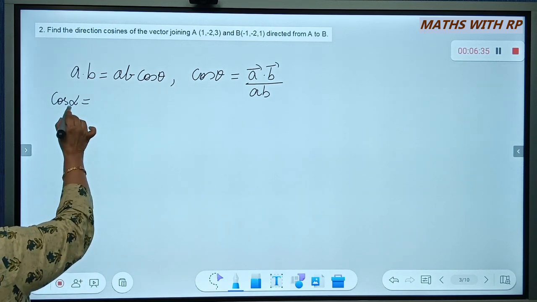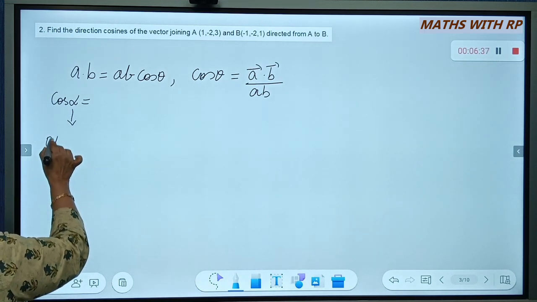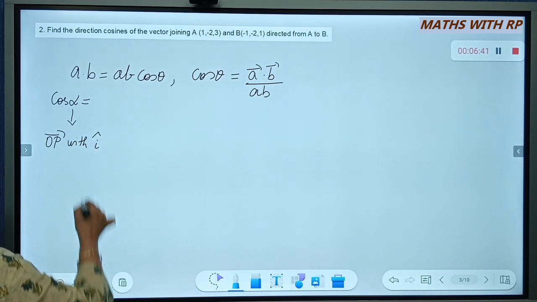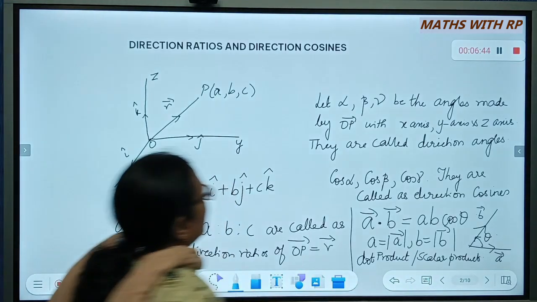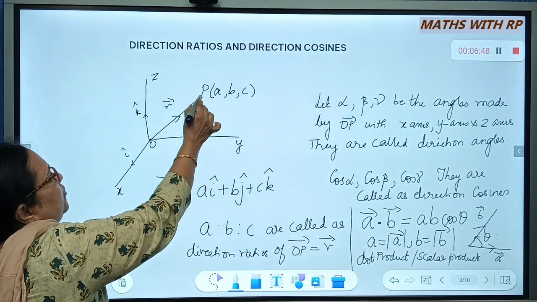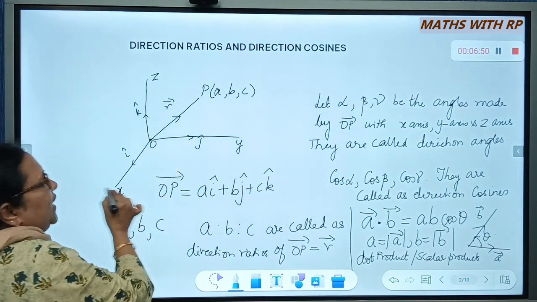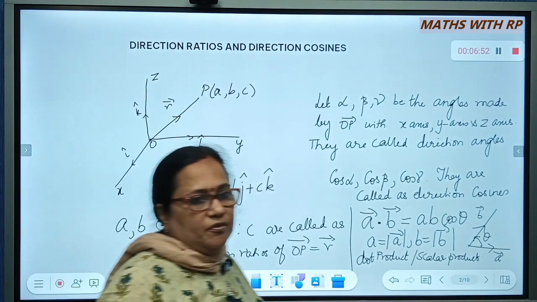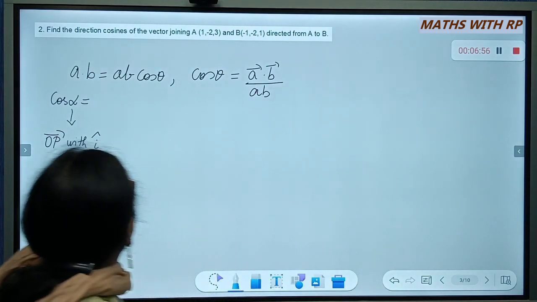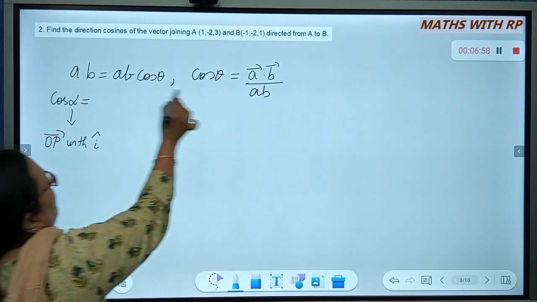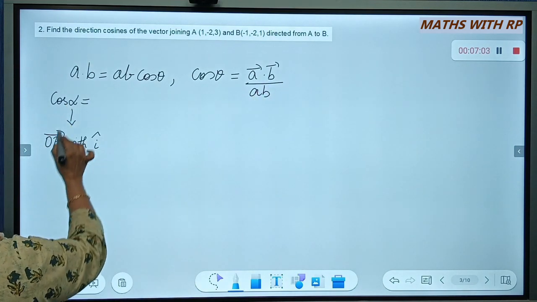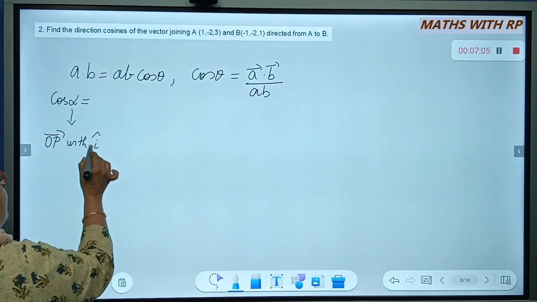Alpha is the angle made by OP vector with the direction of I. Let me go back to my earlier slide. So this is my OP vector. The angle made by OP vector with I direction is called alpha. Now we are looking at cos alpha. So cos alpha will be, cos theta by definition I have shown you is A dot B by AB. Here alpha is the angle made by OP with I direction.